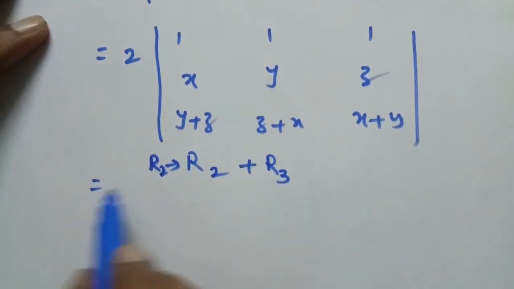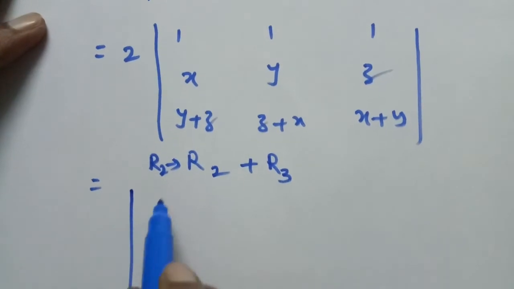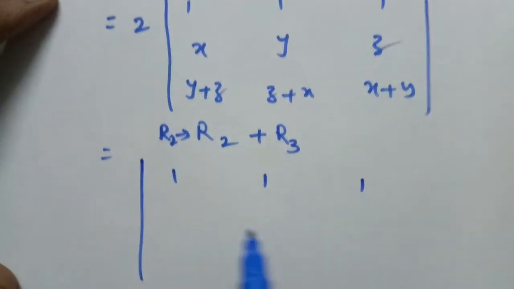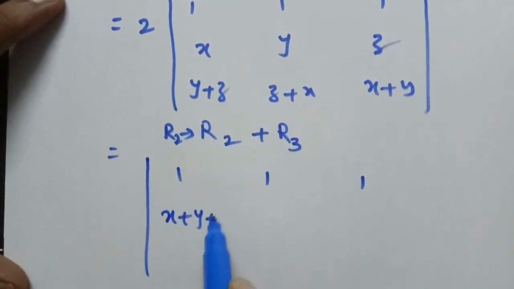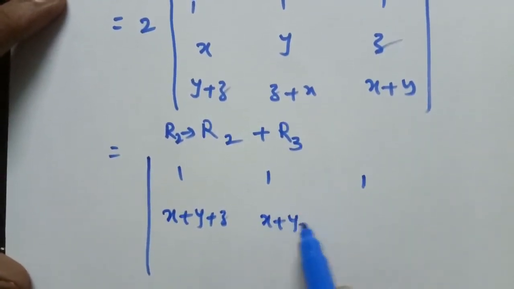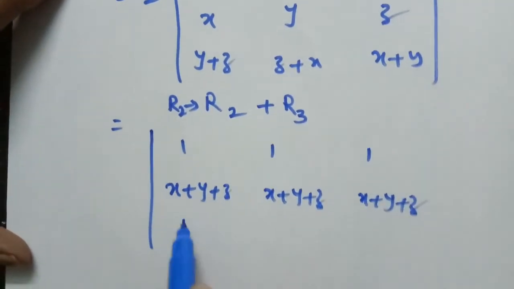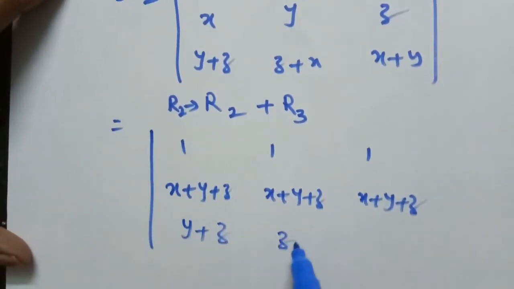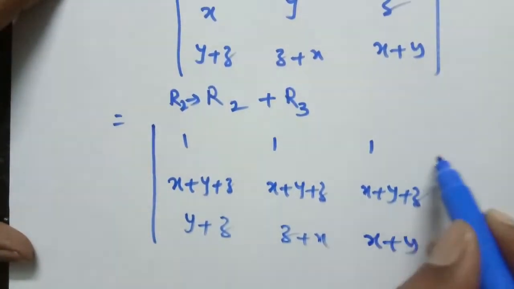Therefore, this is equal to determinant of 1, 1, 1, x plus y plus z, x plus y plus z, x plus y plus z, y plus z, z plus x, x plus y.